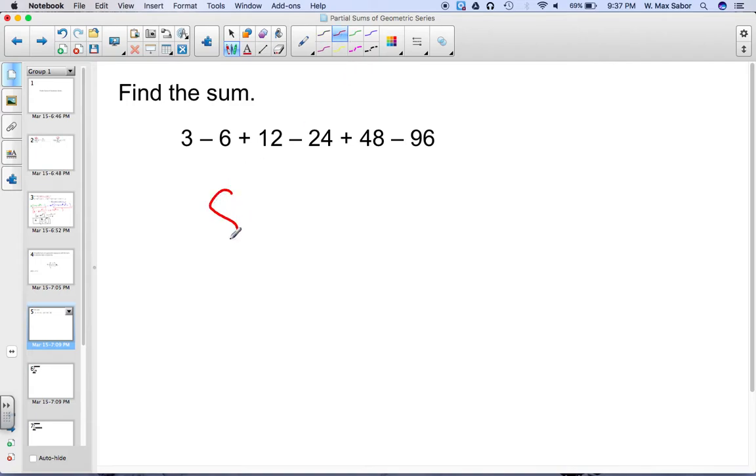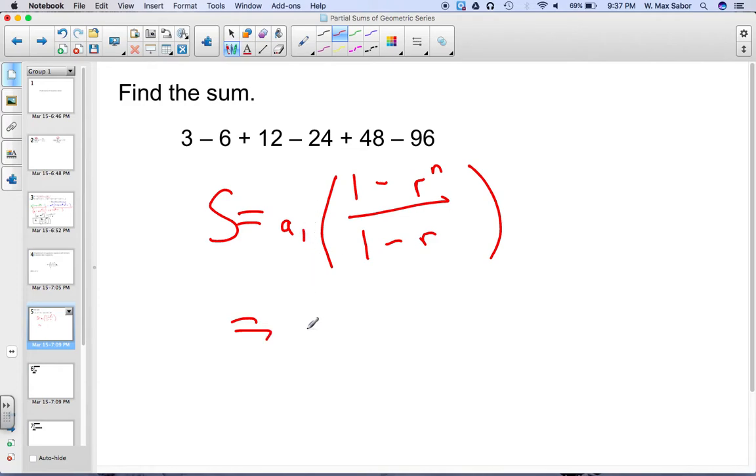So let's find this sum. Our sum is a sub 1 times 1 minus r to the n over 1 minus r. A sub 1 is our 3. R, well, we're taking negative 6 and dividing by 3. Negative 6 divided by 3 gives us negative 2, which is r.